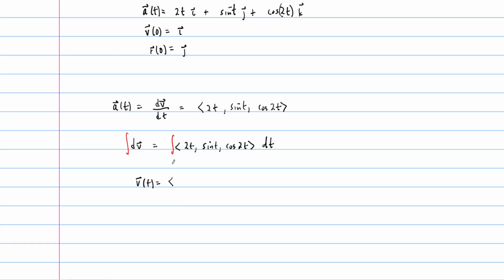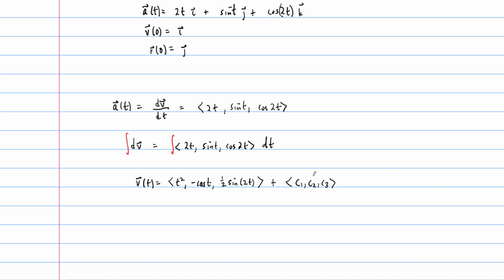I'll do it the second way: the antiderivative of 2t is t squared, the antiderivative of sine is minus cosine, and the antiderivative of cosine 2t is 1/2 sine of 2t. Then we have our vector of unknown constants added to the end.